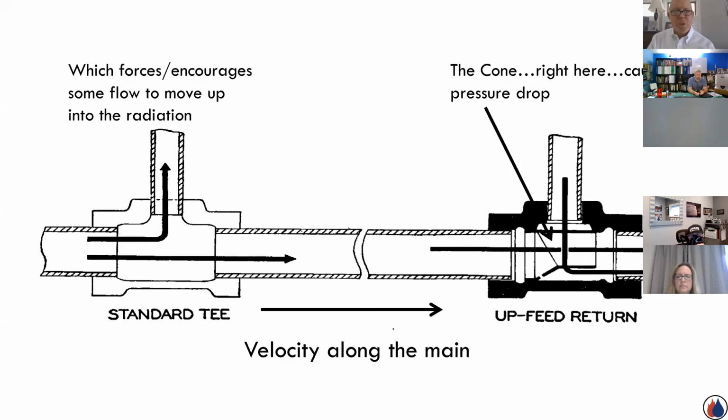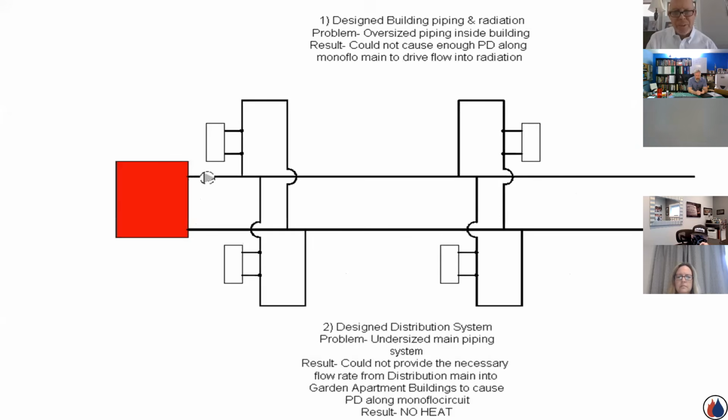And in this particular job, the piping inside each individual building was too big, and the piping along the distribution side was too small, so they had inadequate flow. So Carlson goes out there and he establishes this. And he does some calculations, and he determines that the main is providing about half of what was designed, what was needed.